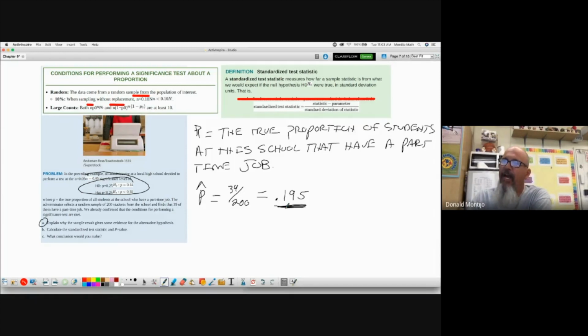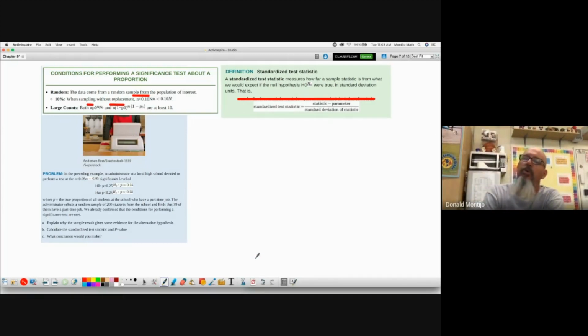Calculate the standardized test statistic and the p-value. All right, so I've been talking to you about this through this whole unit so far. We're going to look at how we calculate the p-value. So for the sample proportion for a one sample Z test, how are we going to do this?